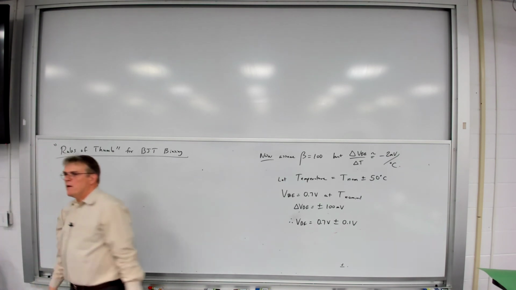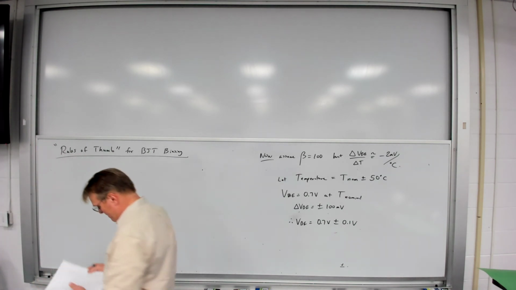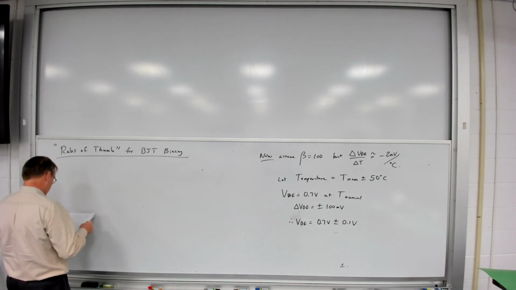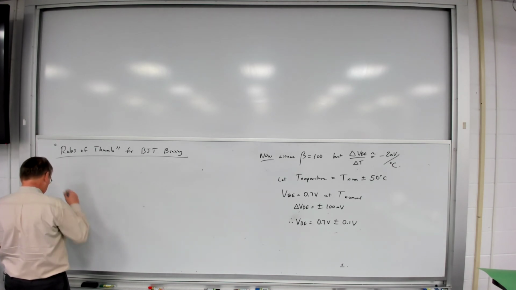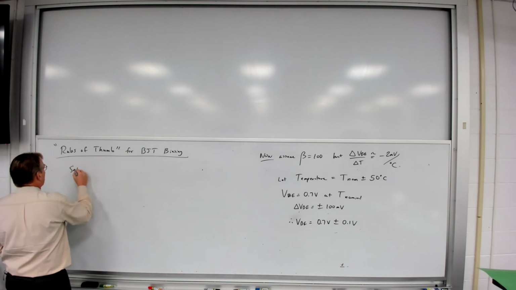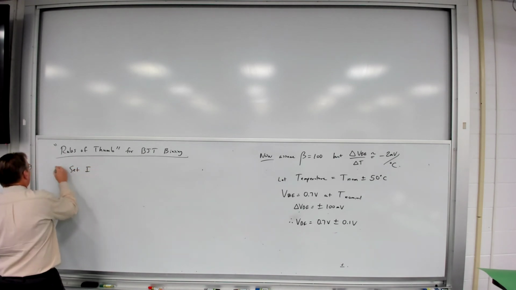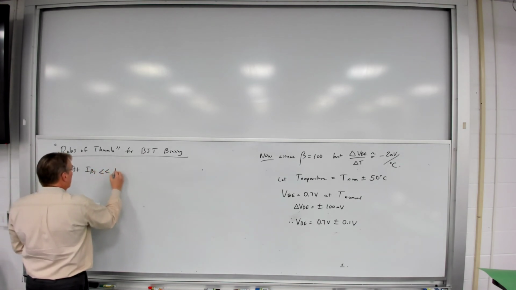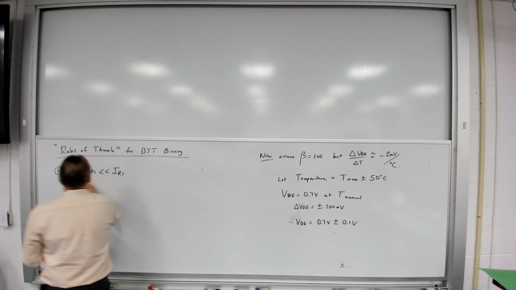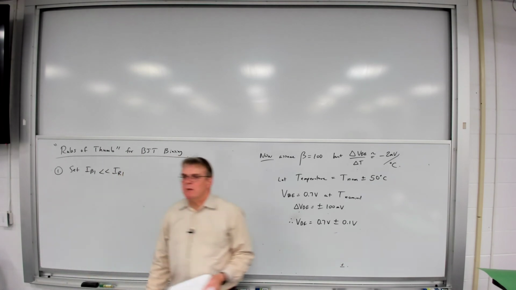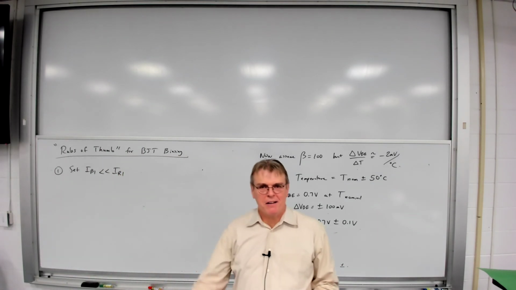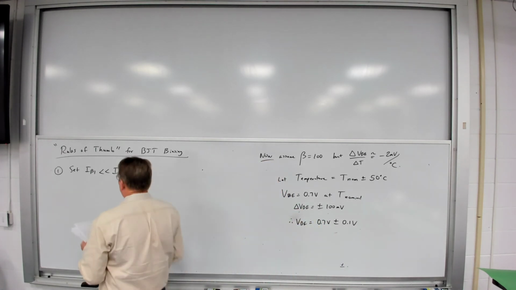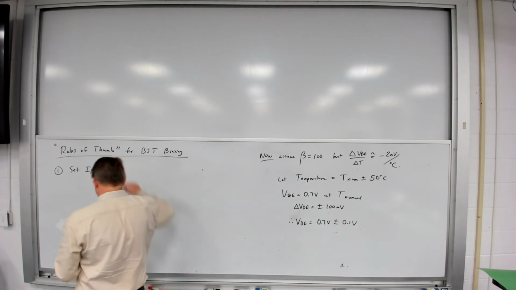So some rules of thumb for BJT biasing. First of all, set IB1 so that it is much, much less than IR1. Okay, the current that was flowing through that base resistor, and the resistor in that base bias circuit.